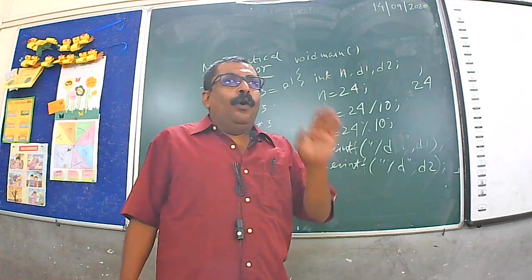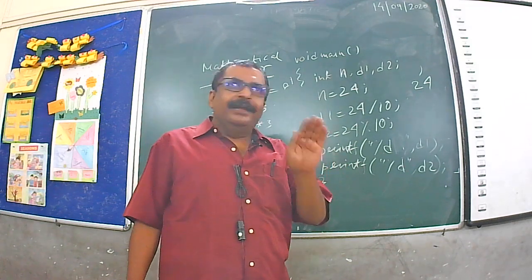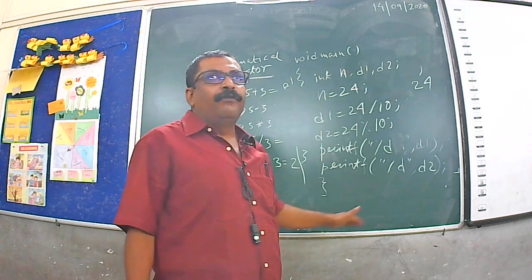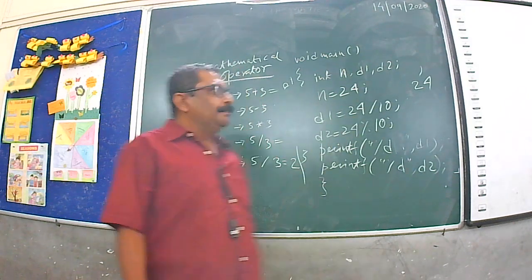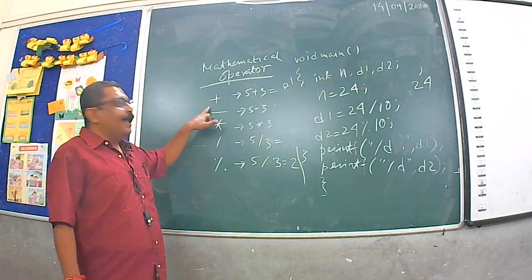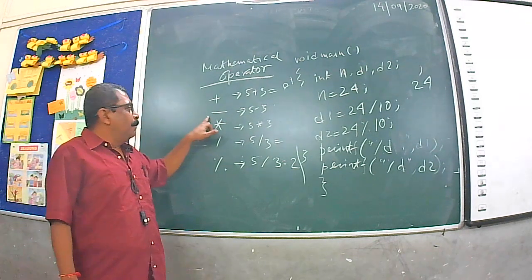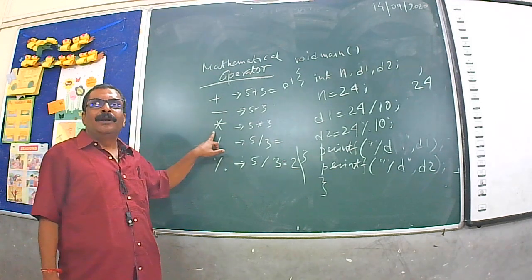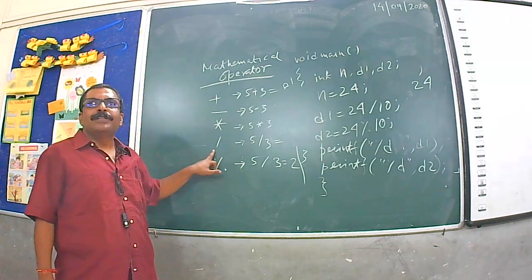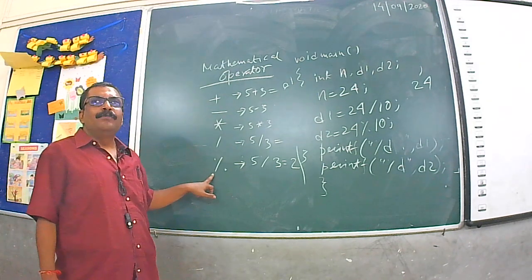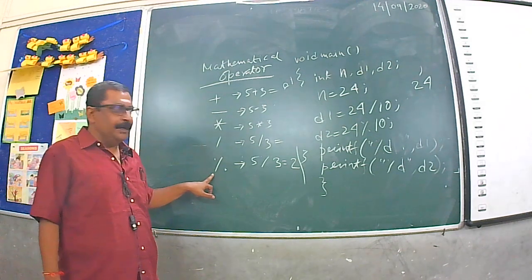Now, some operators are required. First let us discuss the operators, then we can go for further discussion of the program. Here is the operator list: plus for addition, minus for subtraction, the asterisk symbol for multiplication, the front slash for division, and the percentage symbol for the modular operator.